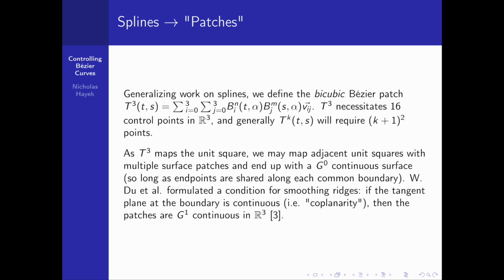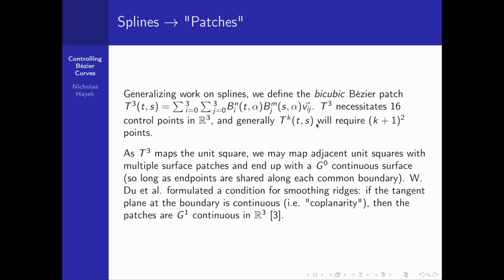And for any k, we would require k plus 1 squared control points, just by this double summation requirement here. It still maps the unit square as ordinary Bezier surfaces do, and if we essentially get control points to be shared between different bicubic patches, we get a G0 continuous surface.